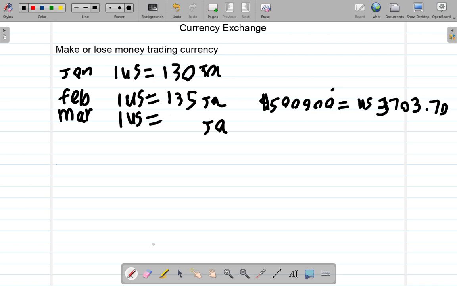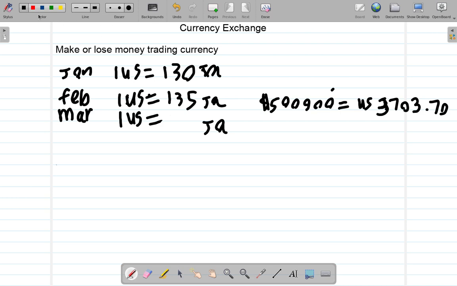Suppose they said, I'm going to change my 500,000 Jamaican to US dollar in February because they expect that the Jamaican dollar will continue to decline.